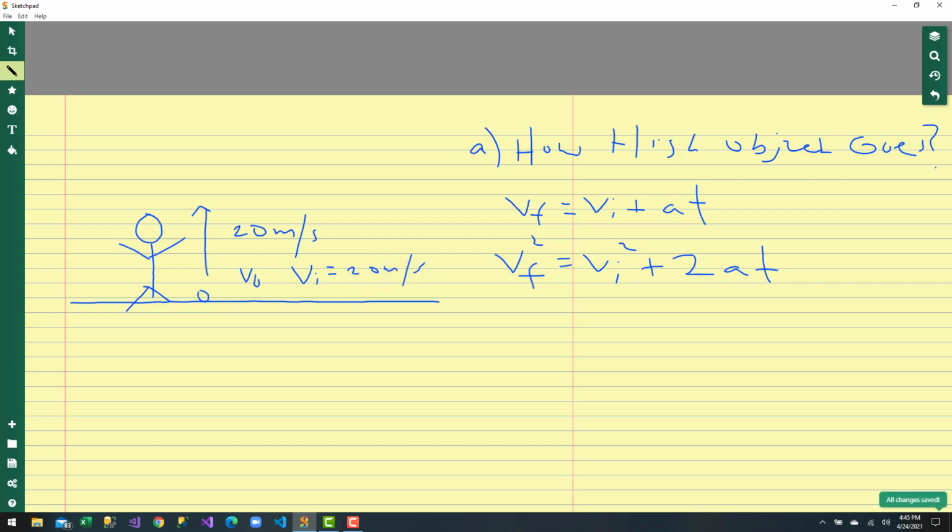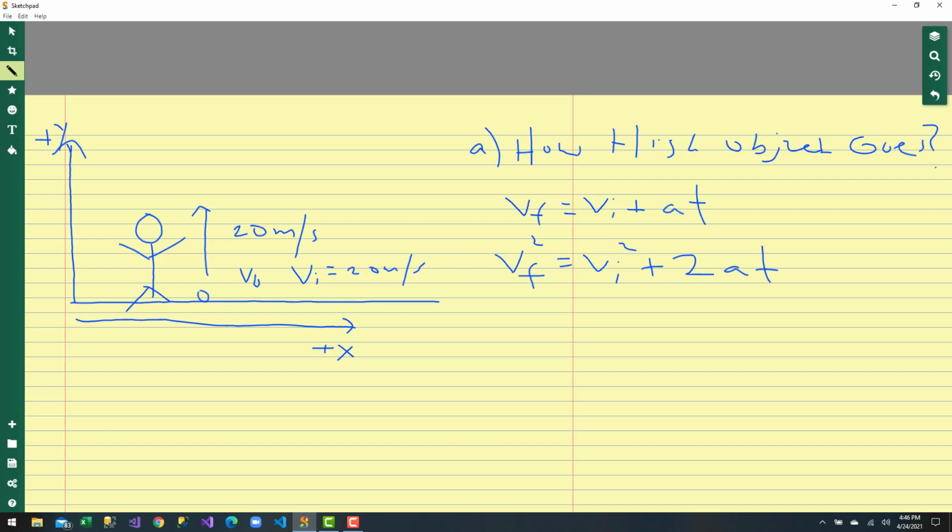Whenever you solve a physics problem, you should always set up your coordinate system. We have the upwards direction as the positive y direction, and anything going to the right is the positive x direction. So we have an xy coordinate system set up. They give us V initial equals 20 meters per second.